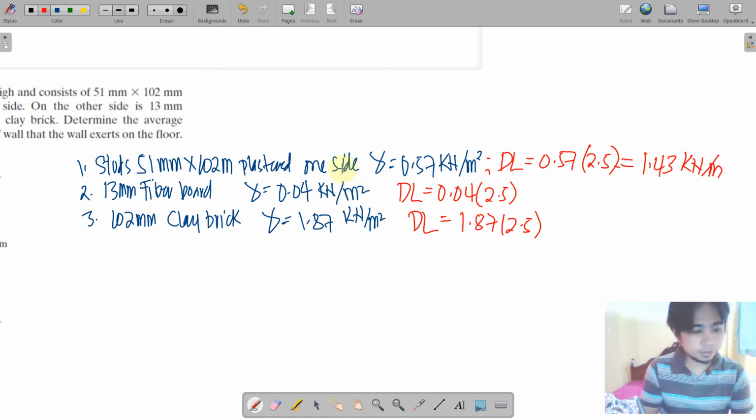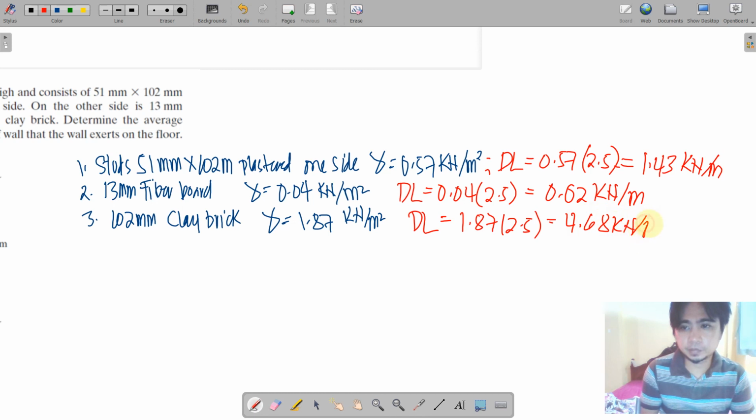For this one we have 0.02 kilonewton per meter, and for the last we have 4.68 kilonewton per meter. So we'll just total that.